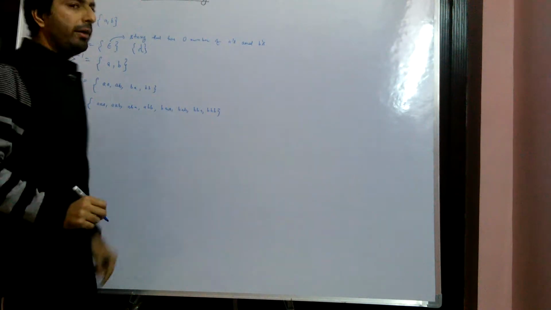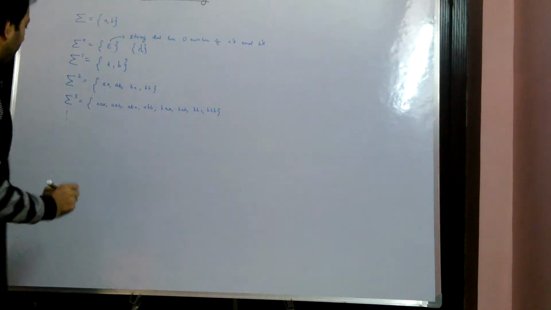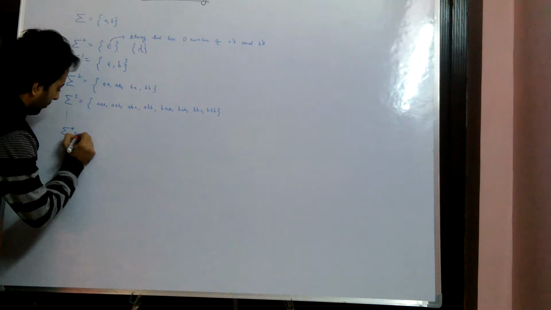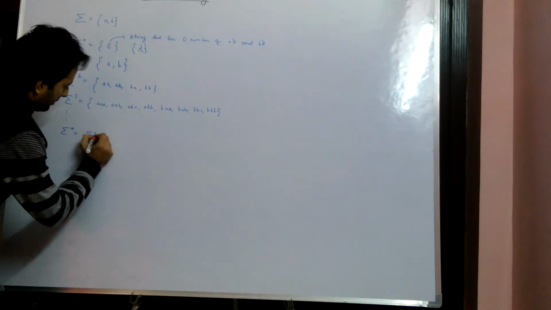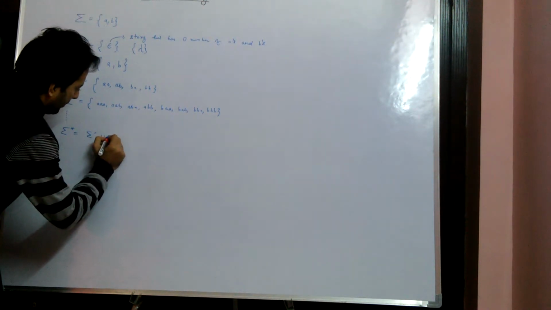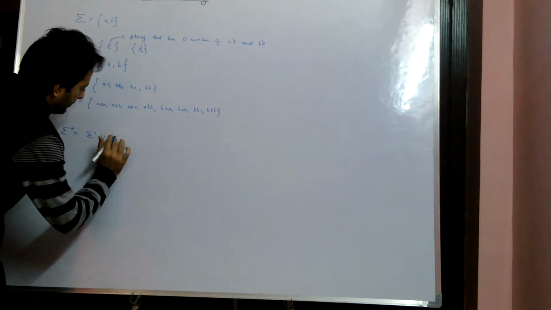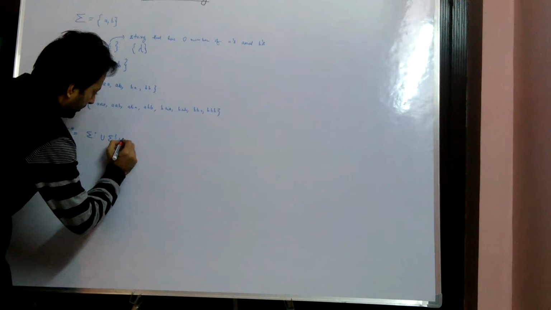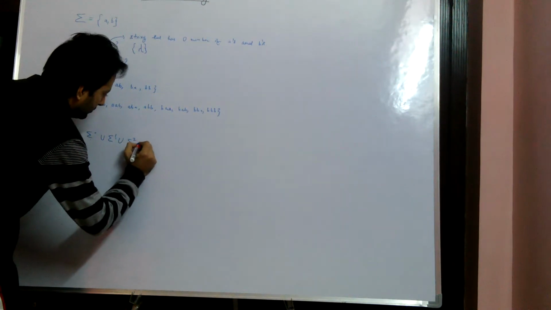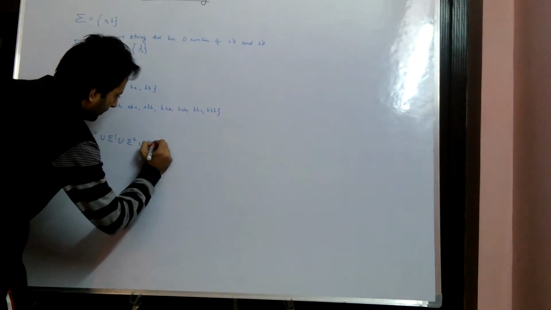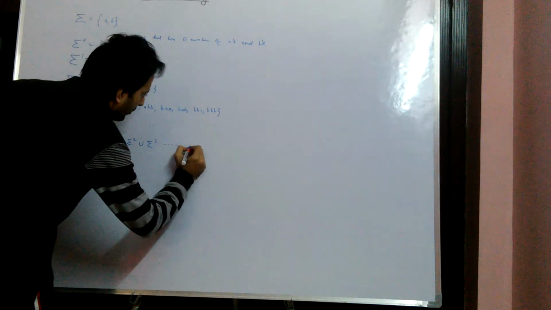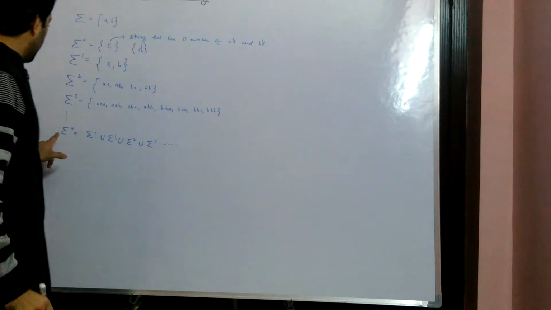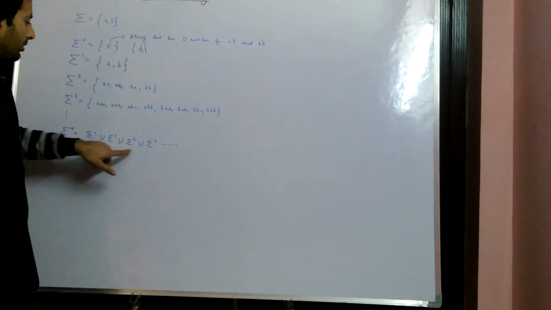In fact, there is a particular representation which represents the union of all these: sigma 0 union sigma 1 union sigma 2 union sigma 3, and so on.